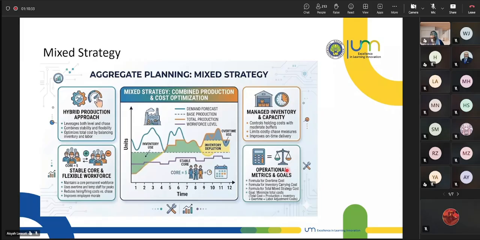It's also the same for daily overtime, holiday overtime, and subcontract. Then we also have the constraint for demand, to make sure that we meet our demand. And the last one is the non-negativity constraint.